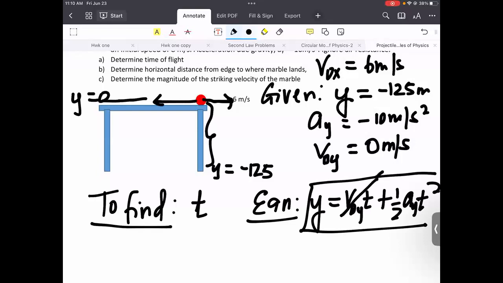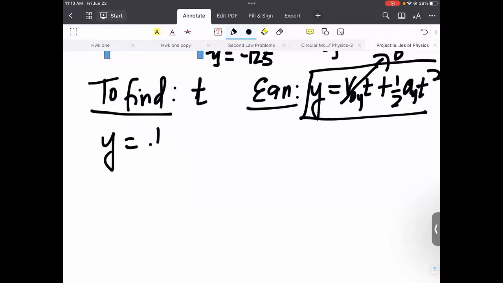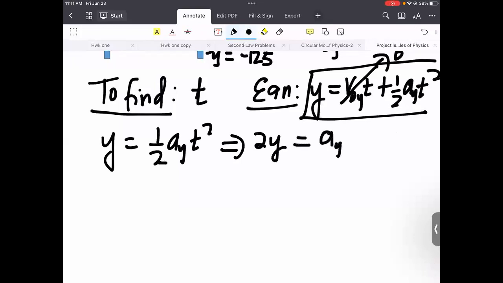This part goes to 0 because there's no initial velocity in the Y direction. So basically you end up with Y equal to 1/2 A_Y times T squared. Then we can find our time by multiplying both sides by 2, to remove the fraction 1/2. So 2Y will be equal to A_Y times T squared.